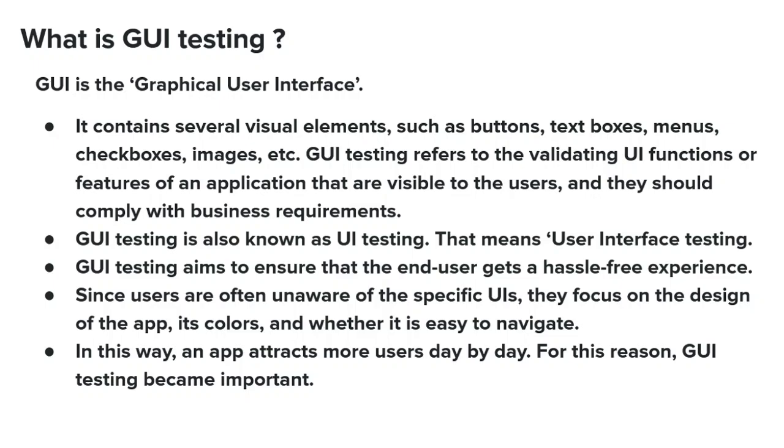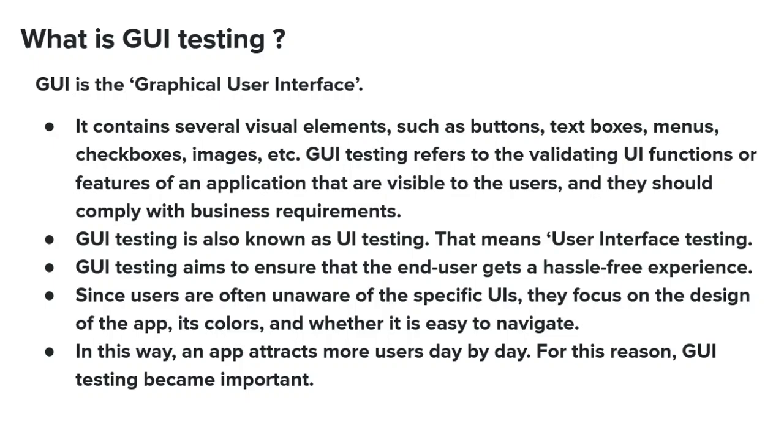So whenever we visit any website, what is the first thing the user is going to see? Once you visit any website, we normally see different types of UI elements, with which the user can interact. User can click on those buttons. User can see the text boxes.